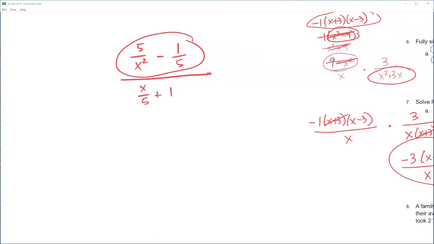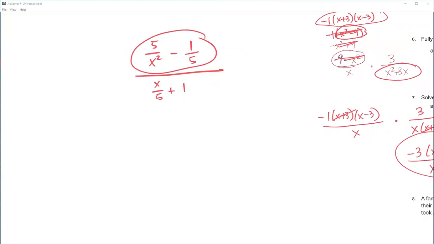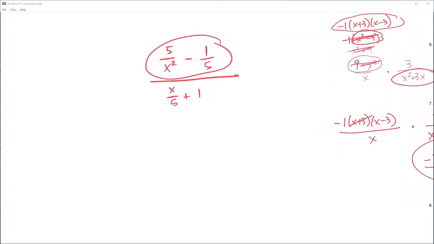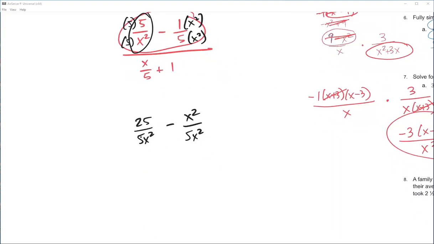So this right here is the common denominator. This side needs a 5. This side needs an x squared. So it'll be 25 over 5x squared minus x squared over 5x squared. You put this together, this is going to be 25 minus x squared over 5x squared.